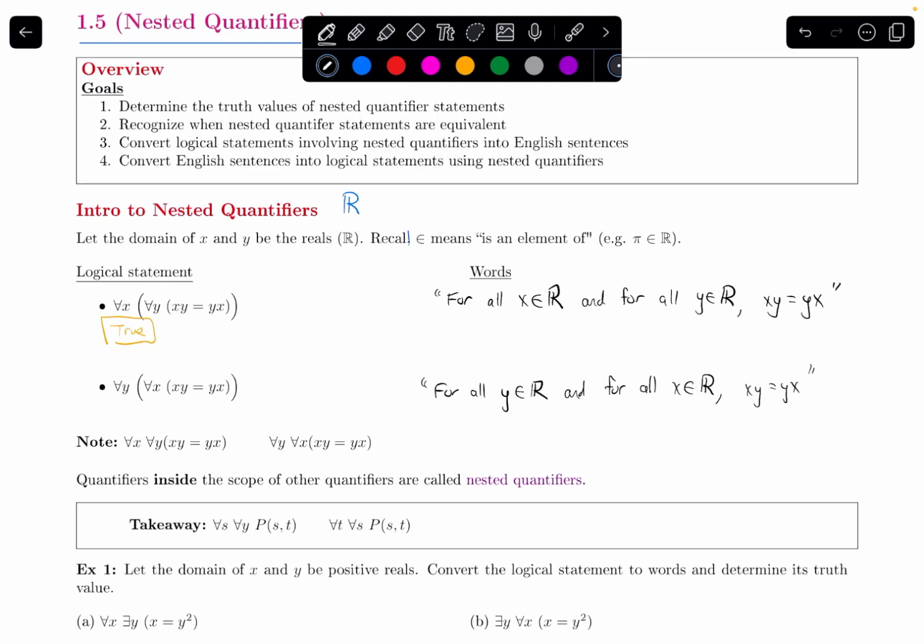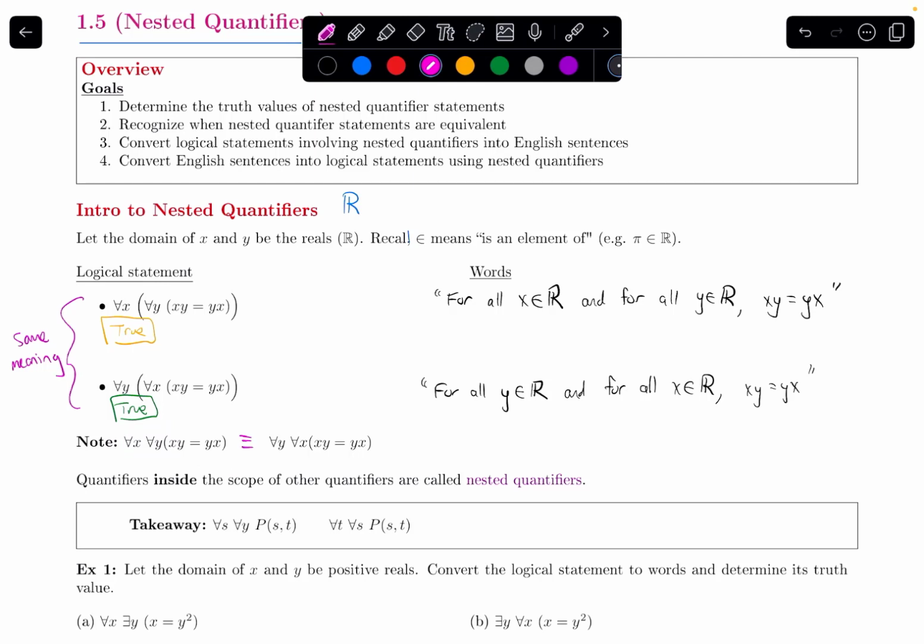Well, that's essentially just saying the same thing. It's just changing which variable I introduced first, y or x, but it doesn't make a difference in terms of what this statement is saying. So this is also just true. These have the same meaning. As a result, these two propositions are equivalent.